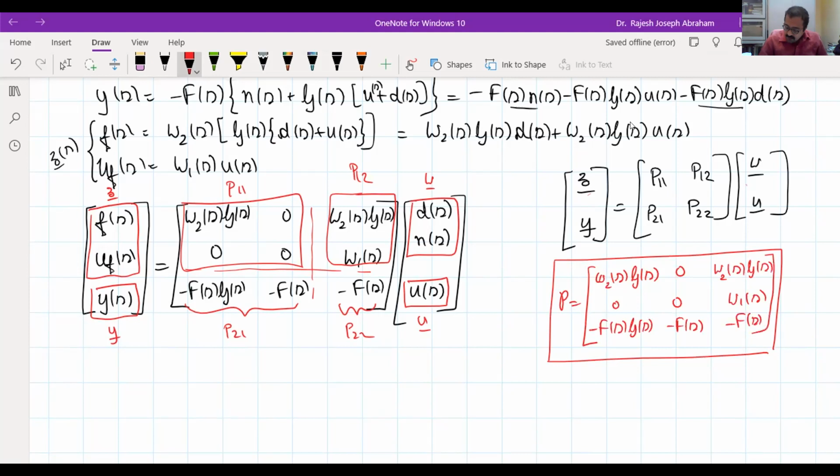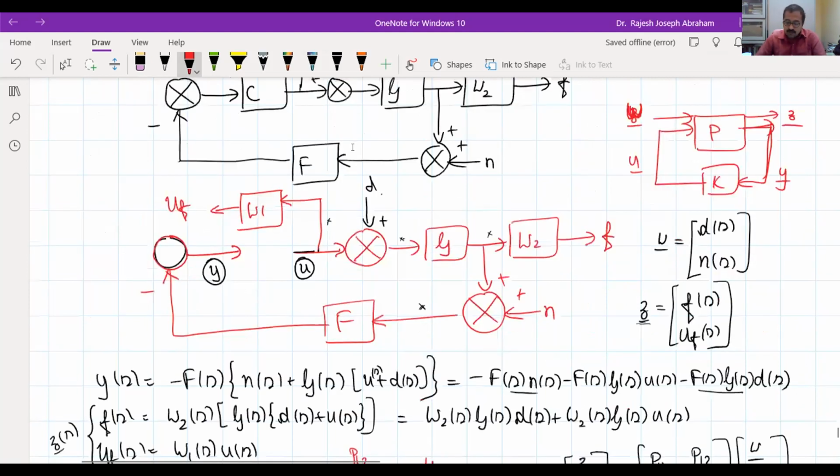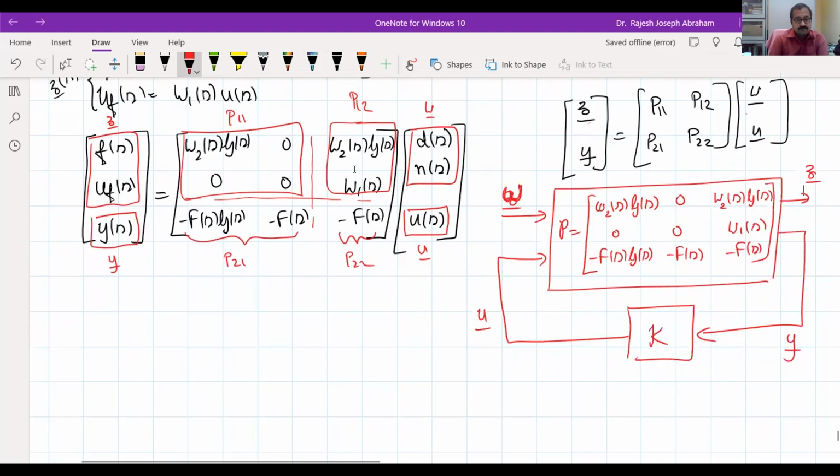Okay, here we have the controller K. One input is going to controller K, and that is Y. And another input is going to the plant P, that is U. This is the exogenous input W. This is the regulated output. Okay, so we have converted this given block diagram into standard LFT form.